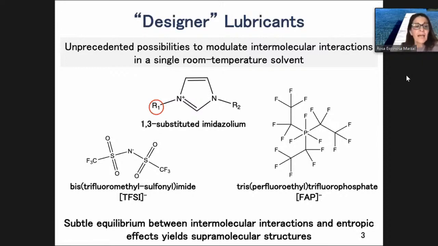The subtle equilibrium between the intermolecular interactions and the entropic effects yield several interesting properties to ionic liquids, like, for example, many of them have a supramolecular structure, but also they have a low vapor pressure, high thermal stability, high electrochemical stability, and a moderately large viscosity. And these are all properties that are important from the point of view of lubrication.